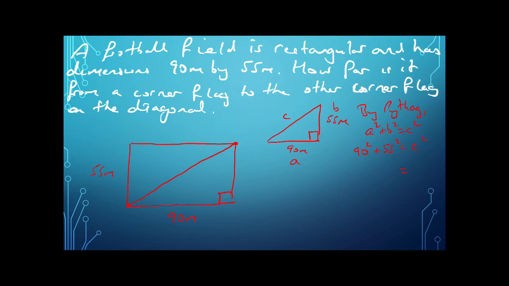And that gives us c squared is equal to 11,125. I'm going to take the square root of that now. And that gives us 105.4751155, all the numbers in the calculator. And if that was to three significant figures, that would be 105 meters.